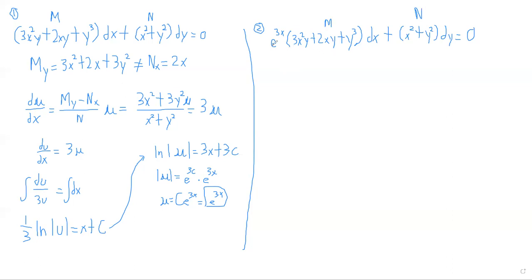So M sub y is equal to e to the power of 3x, which can be treated like a constant here. So that's 3x squared plus 2x plus 3y squared.